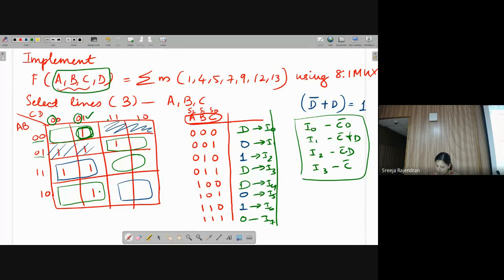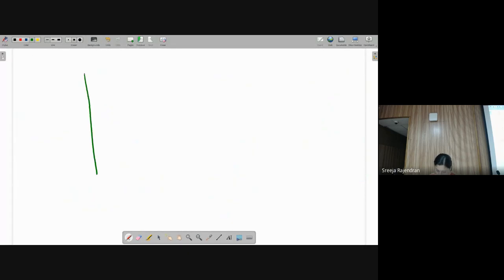Now, if I draw this circuit, you can either write I0, I1 ladder or 0, 1, 2 is also fine.